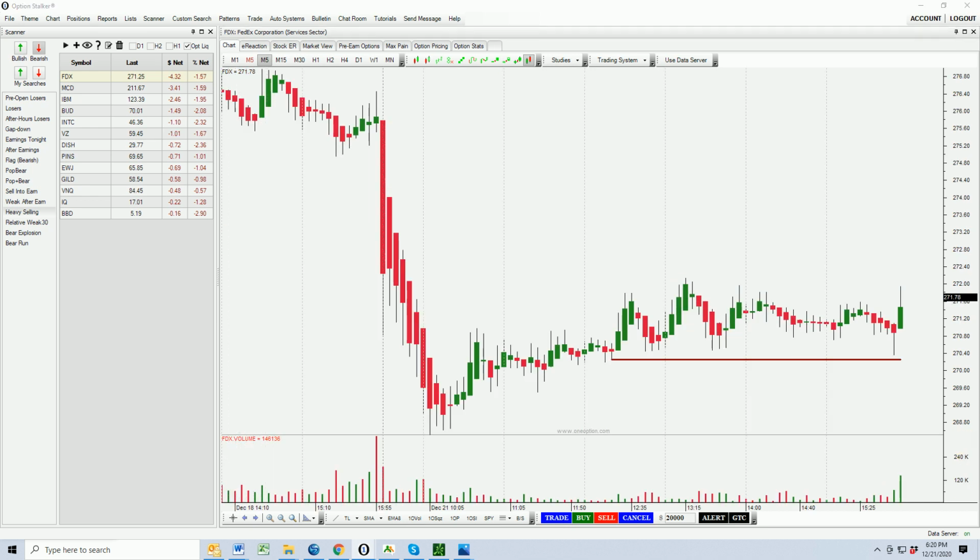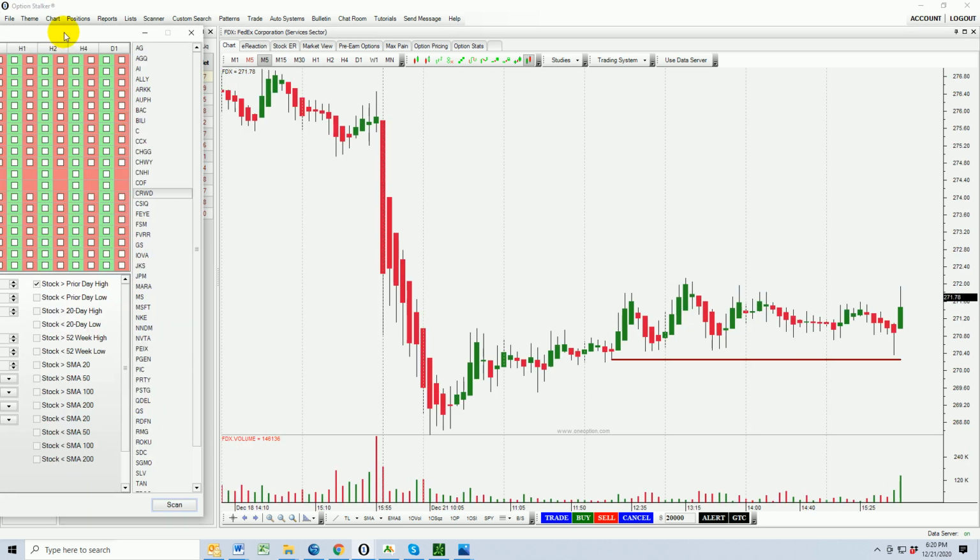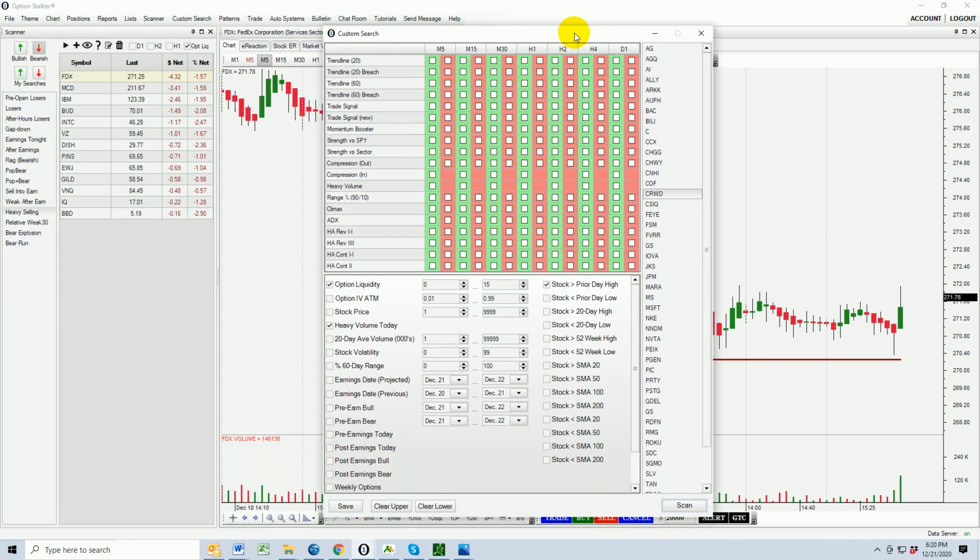So let me show you a search that I think is going to be very effective. I've already shown you on the open. Here's a search you want to be using tomorrow if the market looks like it's going to open higher. 5-minute is a day trading search.